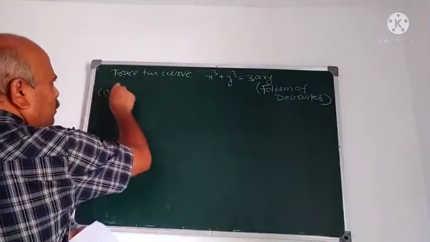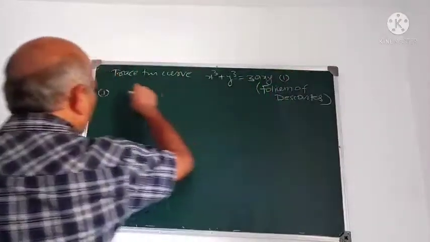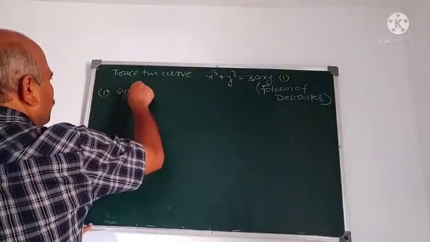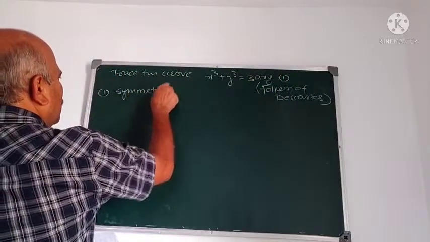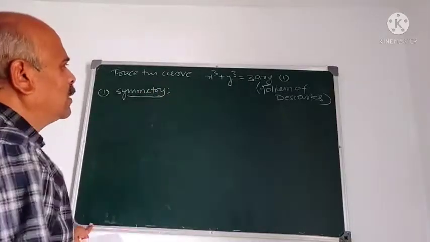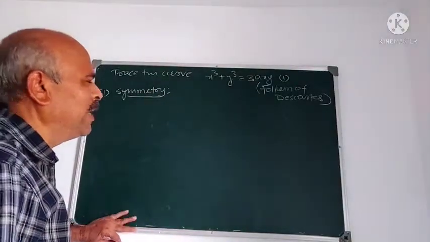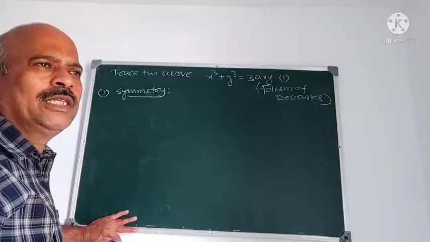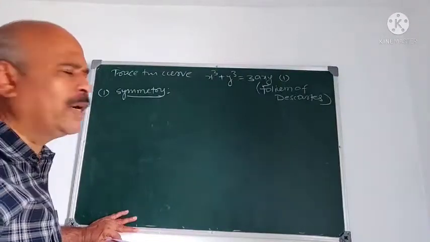What is the first point? Take this as 1. First point is symmetry. See, in this case, x and y are not even degree. So it is not symmetric about either x axis or y axis.